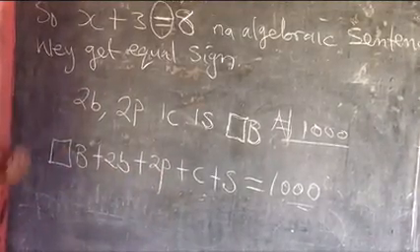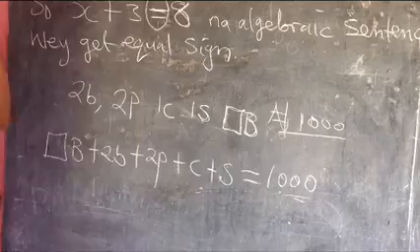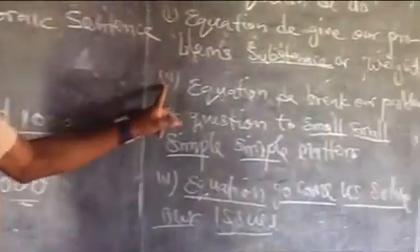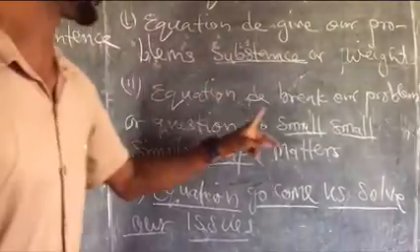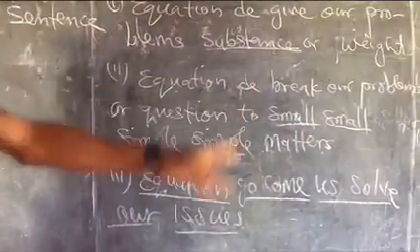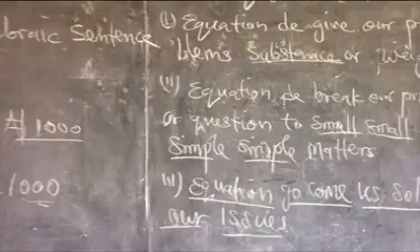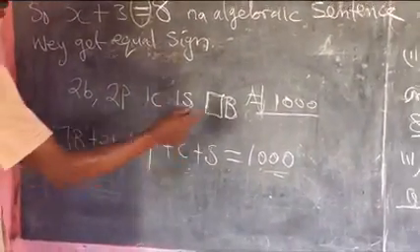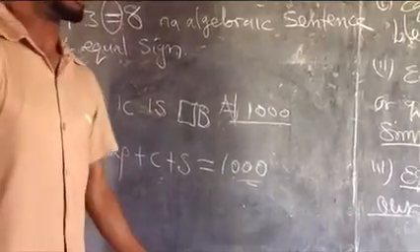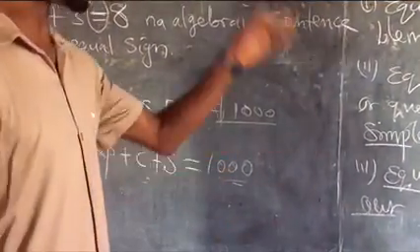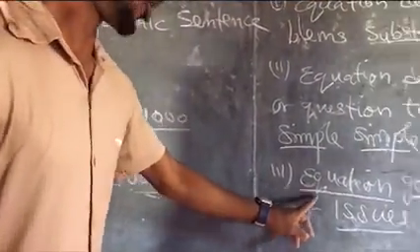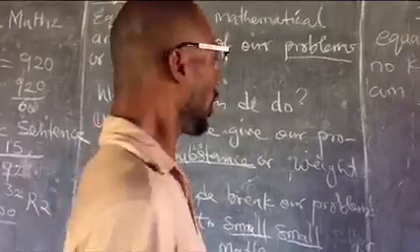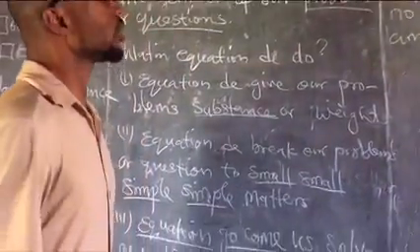So now I can reason it well or better in my head. So the second point what we mention, we say equation they break them down into small simple things. You see as we don break them down, small, reverse common biro, common pencil, common cleaner, common sharpener. Abi? Then finally, what the equation go do be say, it go come help us solve this problem. So now we don understand the equation now.